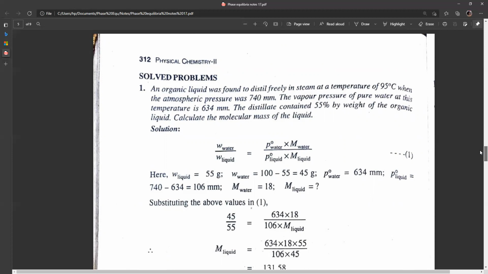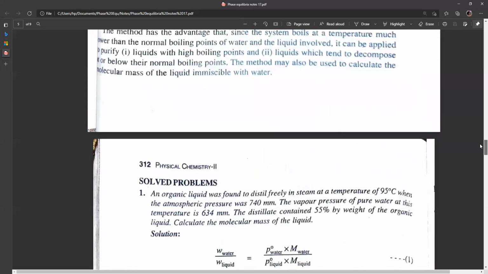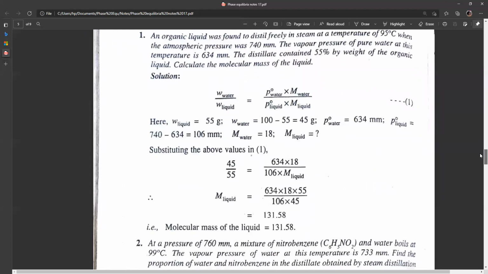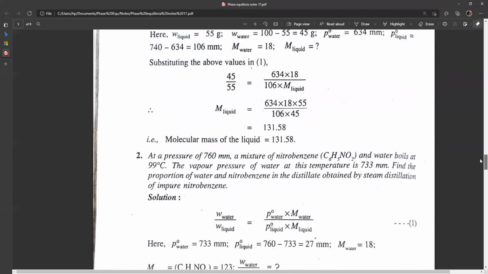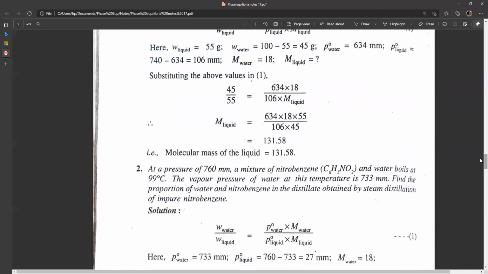So 740 minus 634, that is 106 millimeters of mercury, is P0 of liquid. So we know the P0 of water and P0 of liquid. Substituting all these quantities in this equation, the molecular mass of the liquid is equal to 131.58.